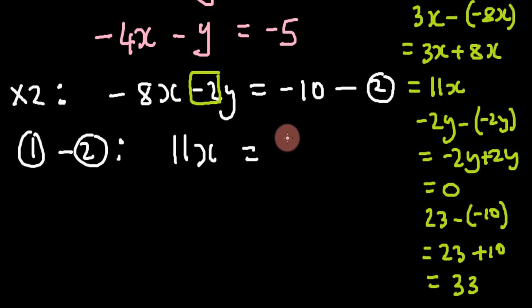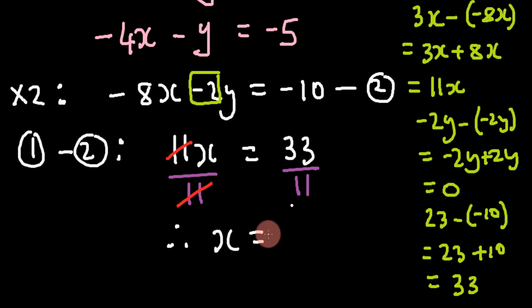So the right hand side comes to 33. We can solve for x here by dividing both sides by 11. On the left hand side, the 11s will cancel and we're left only with x. And we have 33 divided by 11, which is 3.